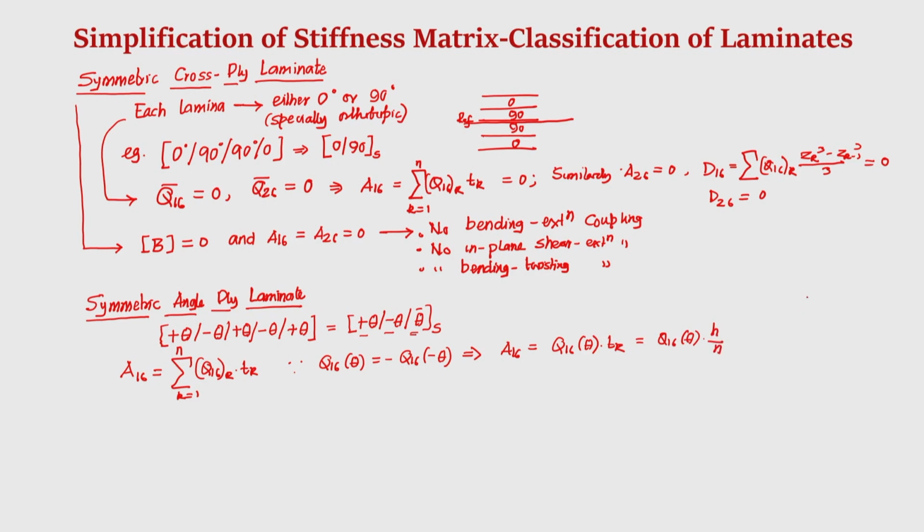Suppose the thickness of the laminate is H, that is H by 2 above and below the mid surface, and each layer is Tk. If there are n layers, then Tk is equal to H by n, and for large n, H by n is negligible.